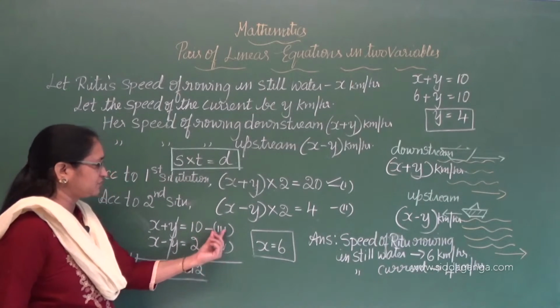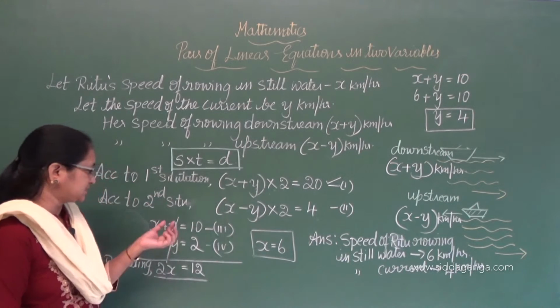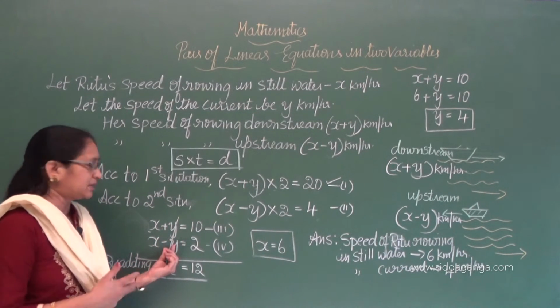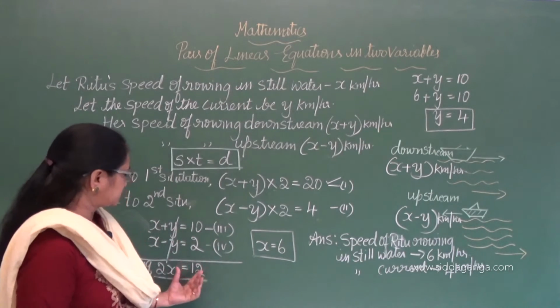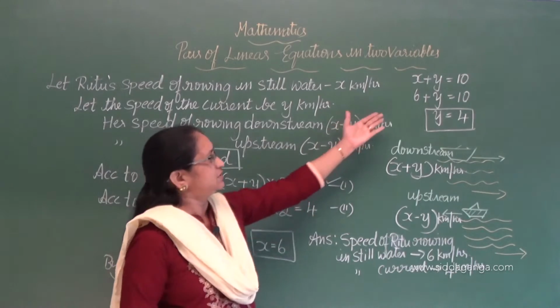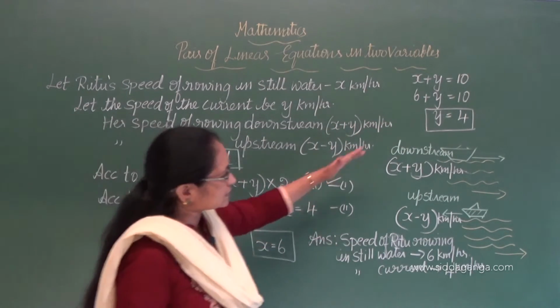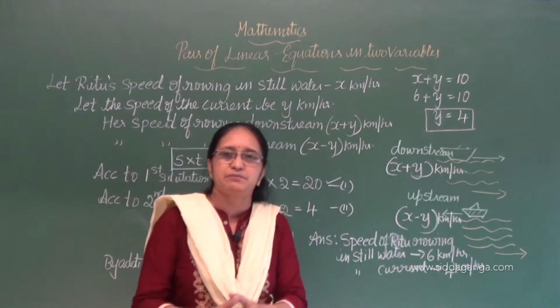So this is the third and fourth equation, and then you know the procedure to solve it: plus y and minus y get cancelled. By adding, this will become 2x is equal to 12. Now once you got x, you know how to find out y. Only here you should understand about downstream and upstream, very important.